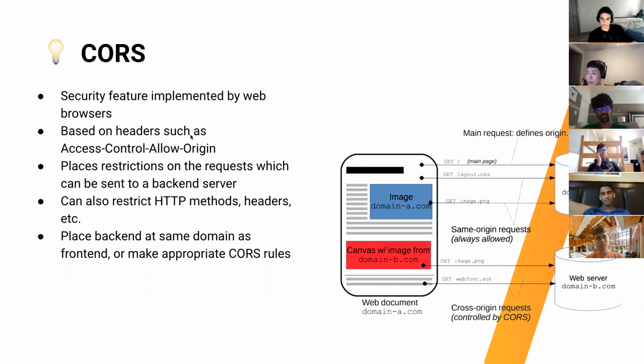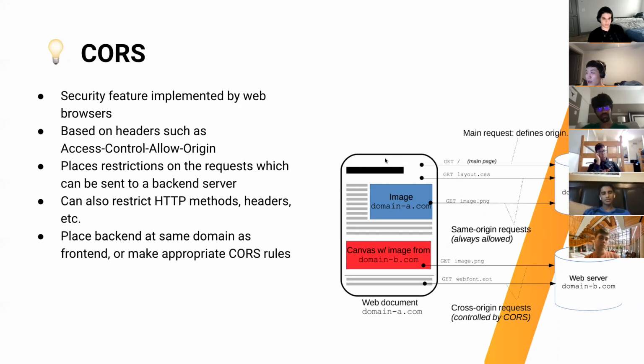The way this works is there are a few headers that control this, called Access-Control-Allow-Origin and a few others. You can restrict the origin of the request, which HTTP methods are used by that request, and which headers can be sent.